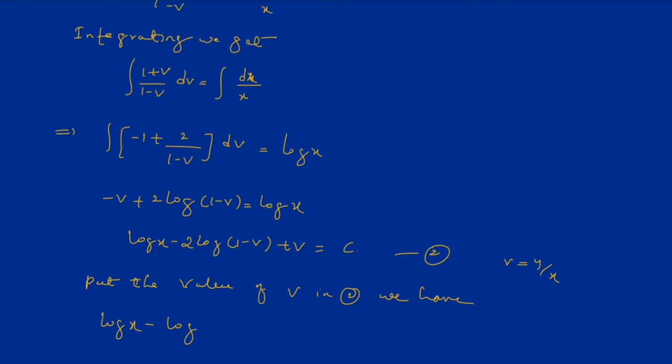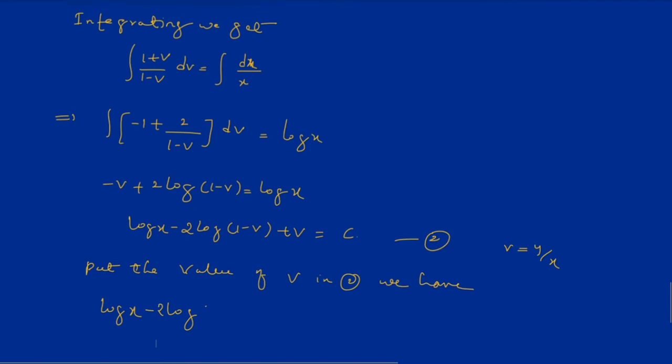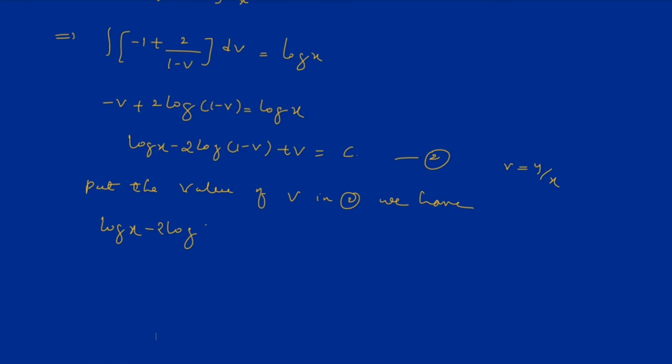Just substitute the value, so it becomes log of, keeping it as it is here, only one more step we will take here: minus 2 log of (1 minus y by x) plus y by x, which is equal to c.